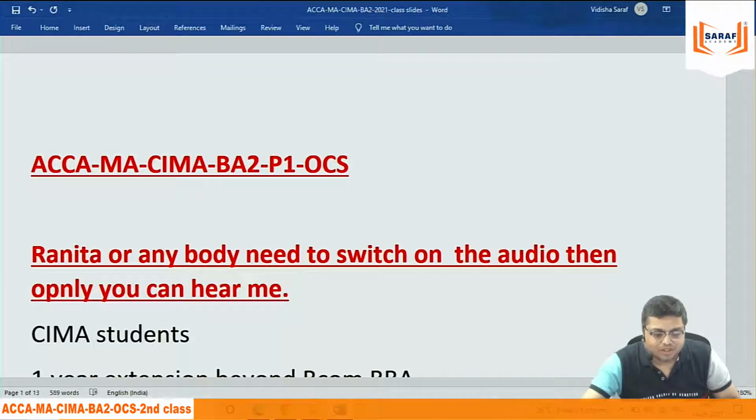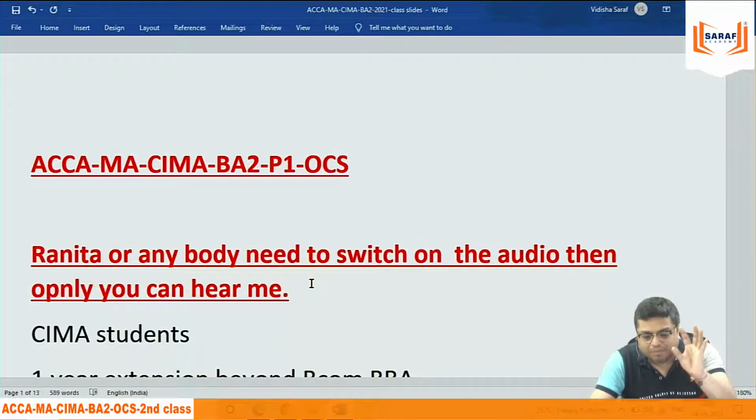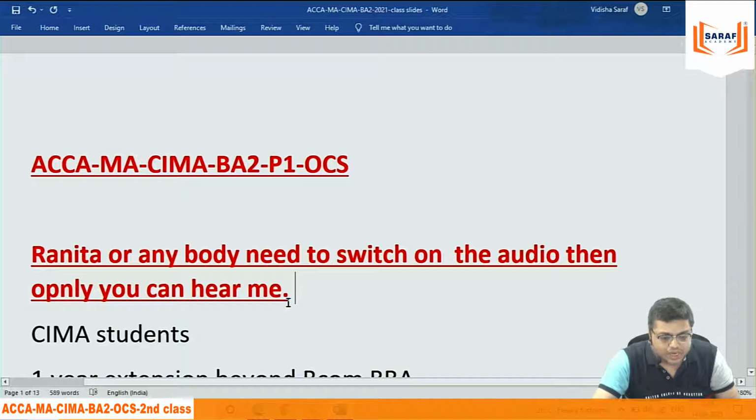If the student is not clicking on the audio, they will not be able to hear me. When you log in, it will automatically ask you to click on the computer audio or laptop audio. You need to click on that audio, then only will you be able to hear me. Otherwise, you will not be able to hear me.